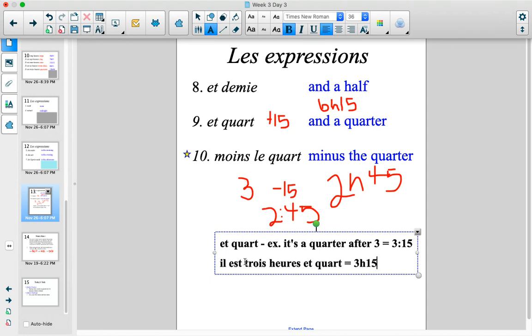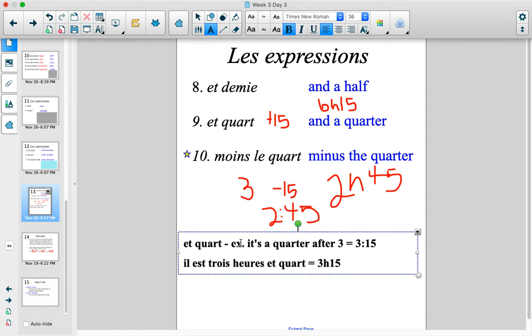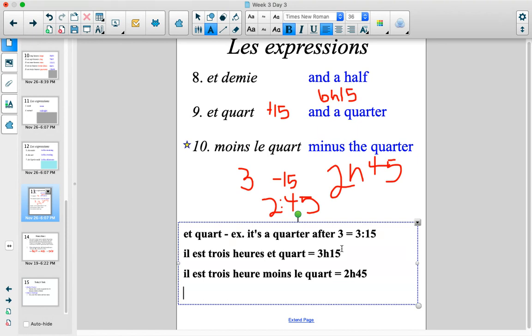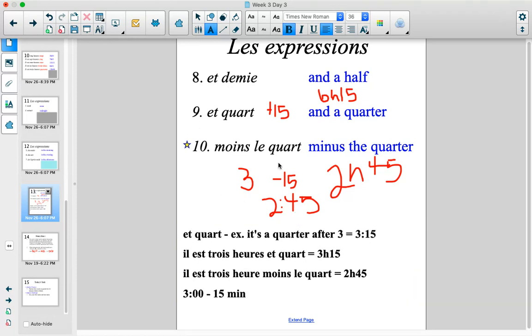And then if the expression is il est 3 heures moins le quart, it equals 2:45, because we are subtracting 15 minutes from 3 o'clock. Okay, so that's how I'm going to explain that for you.